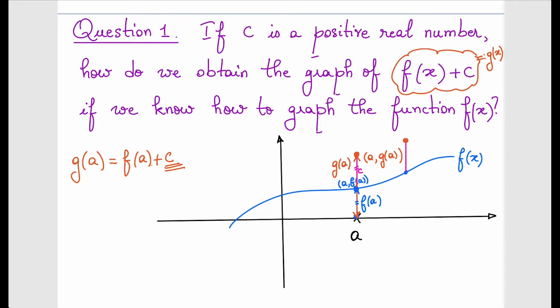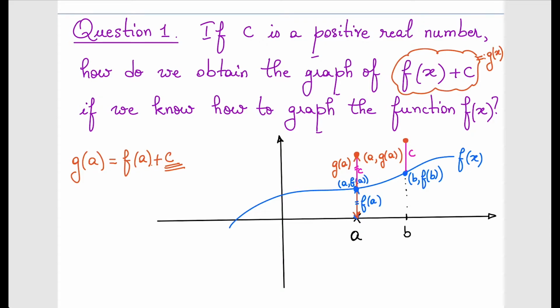So if this point here has first coordinate b, that point is going to be b comma f of b, right? Because it's on the graph of f. If you add the measure c, which is uniform, this height and this height should be the same.